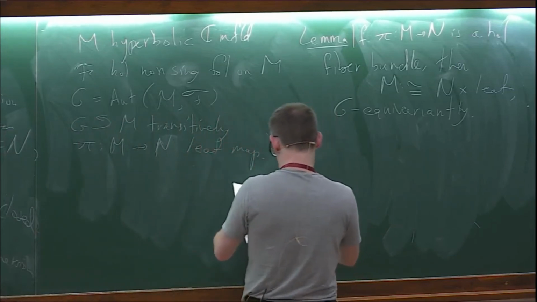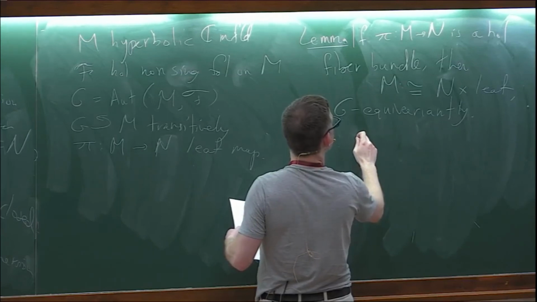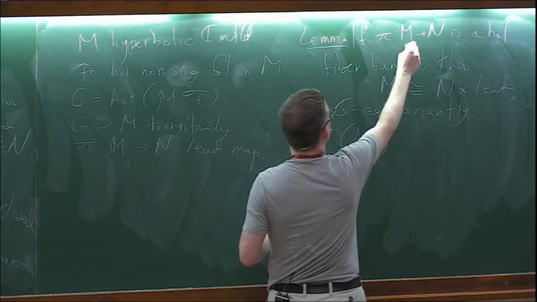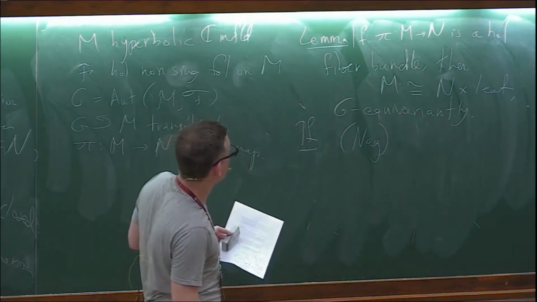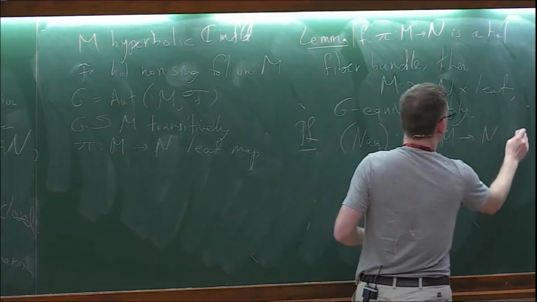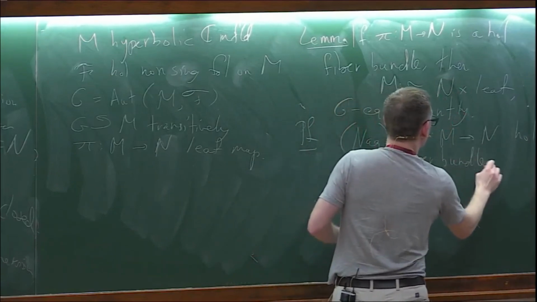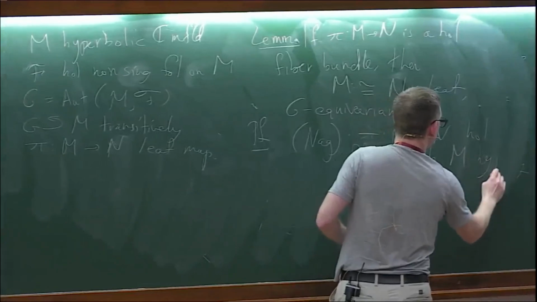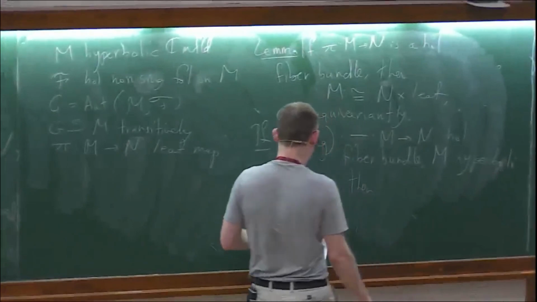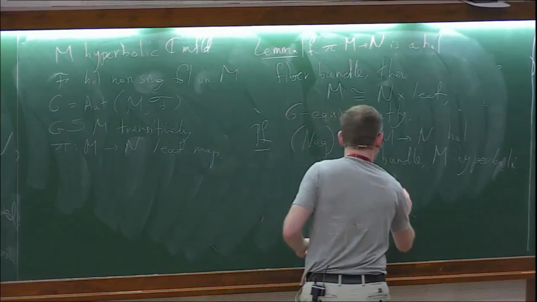First of all, by a result of Nag, if you have a holomorphic fiber bundle M to N with M hyperbolic, then in fact N is hyperbolic.